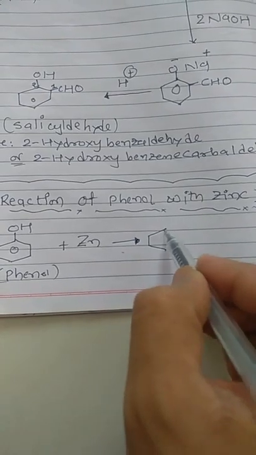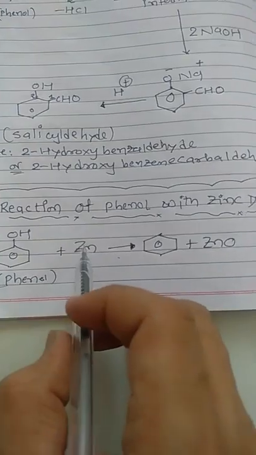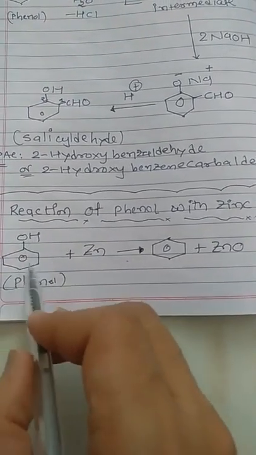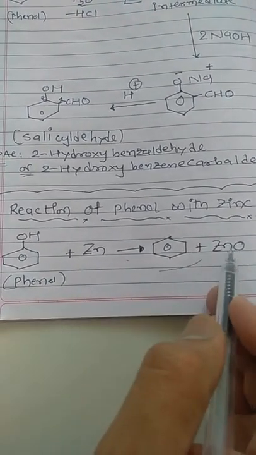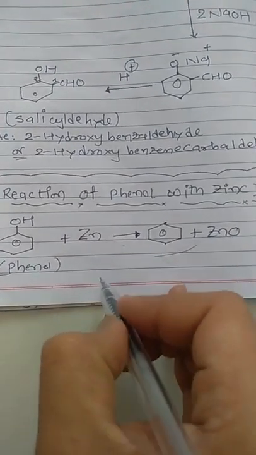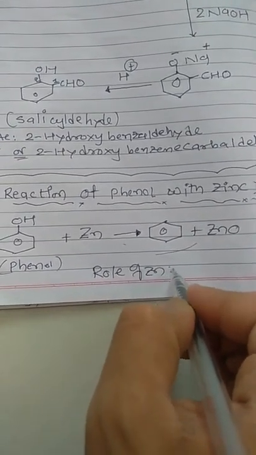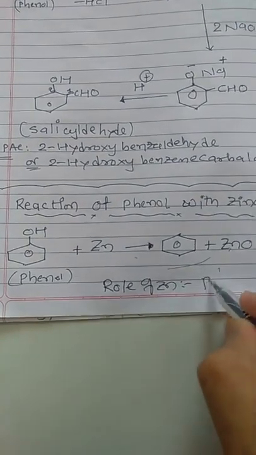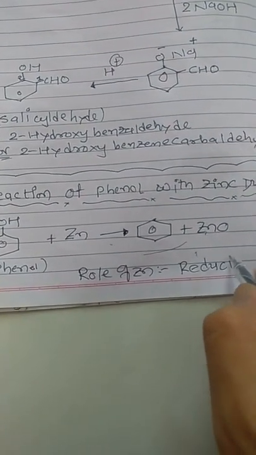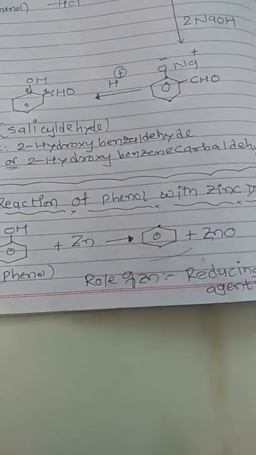So we have the product benzene plus ZnO. Look over here, zinc will reduce phenol and itself gets oxidized, meaning it is converted to zinc oxide. So I will mention that the role of Zn is reducing agent. So this is the second reaction scheme.